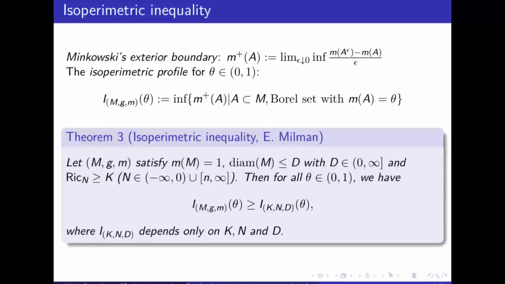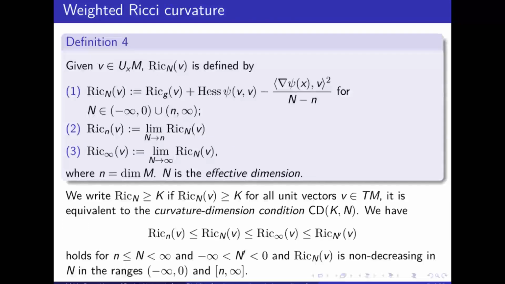And in this study, I studied the behavior of the manifold when the inequality becomes equality. As you can see in the isoperimetric inequality, the weighted Ricci curvature bound appeared. And in the setting of weighted Riemannian manifolds and metric measure spaces, a new theory of comparison geometry under weighted Ricci curvature bounds has been studied intensively in the last decades.